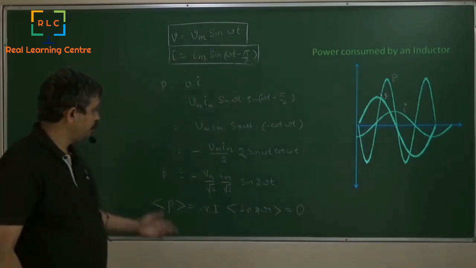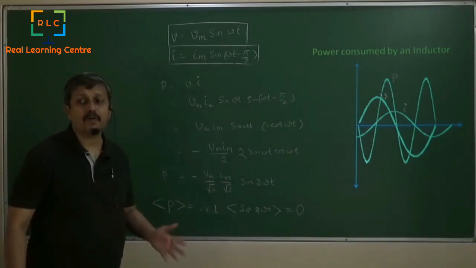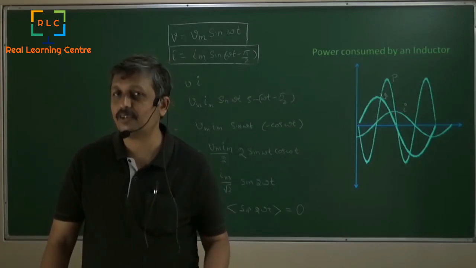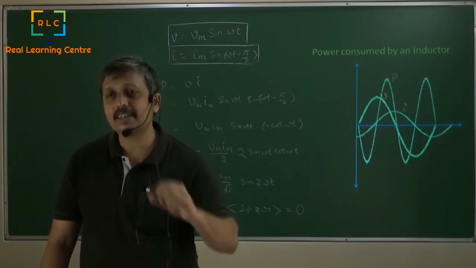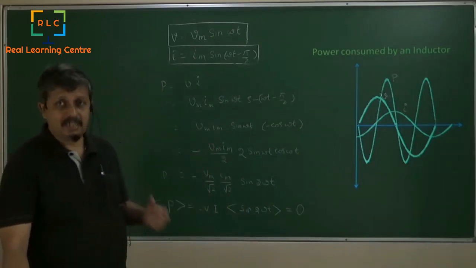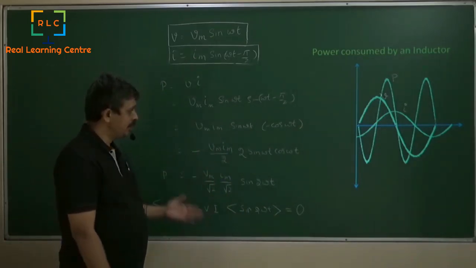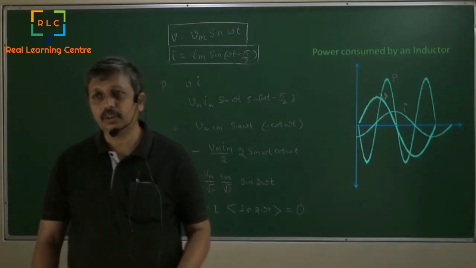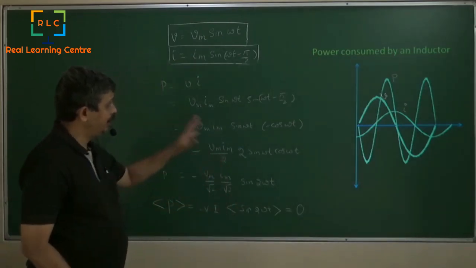That is how it has 0 power consumption overall. A pure inductor is never really the case; there will be some resistance which will consume power. But ideally, a pure inductor does not consume any power. So that is the analysis of a pure inductor.